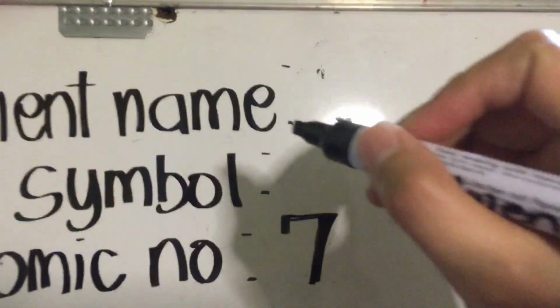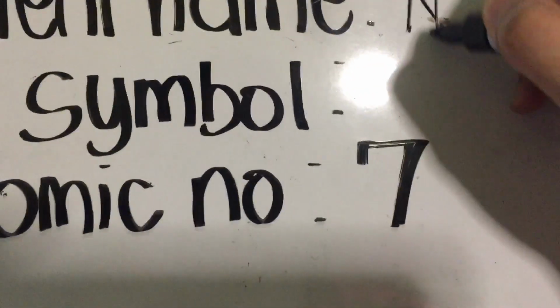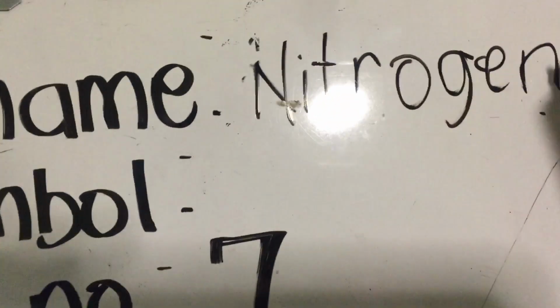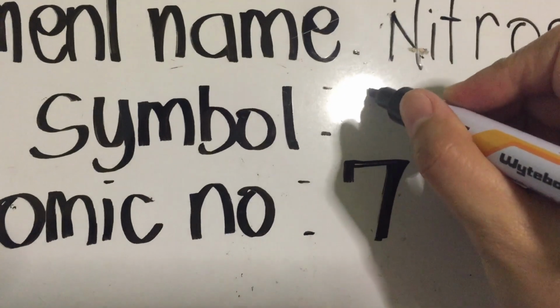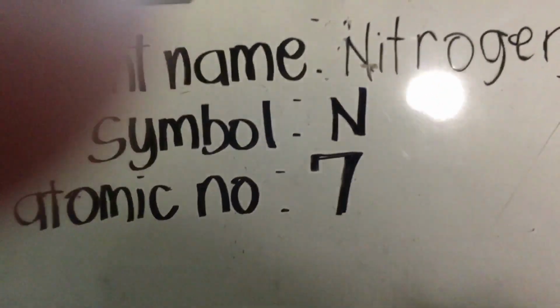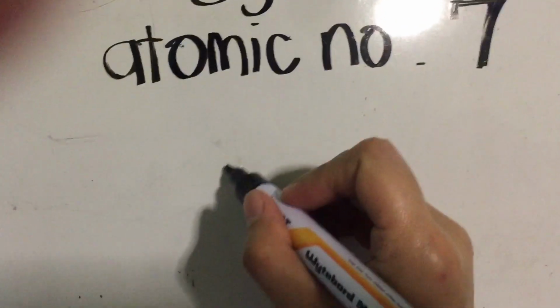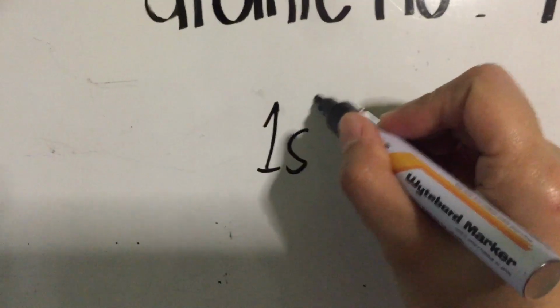Nitrogen is the element. Sulat natin dyan. Nitrogen. Symbol is N. Okay. Let's start with the electron configuration. Lagi mag-i-start sa 1S2.